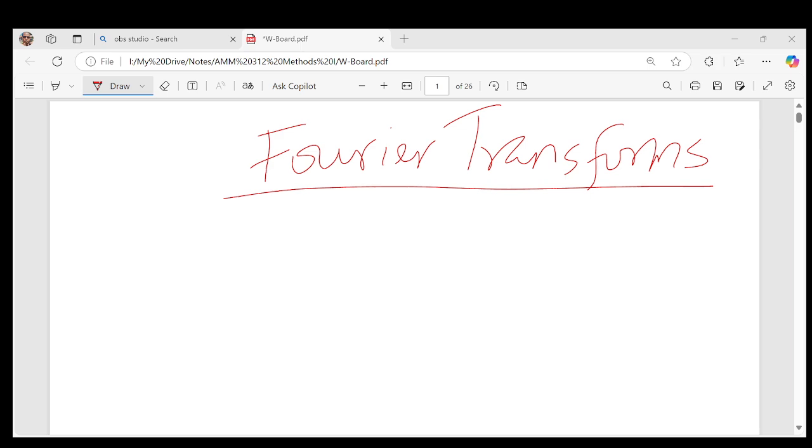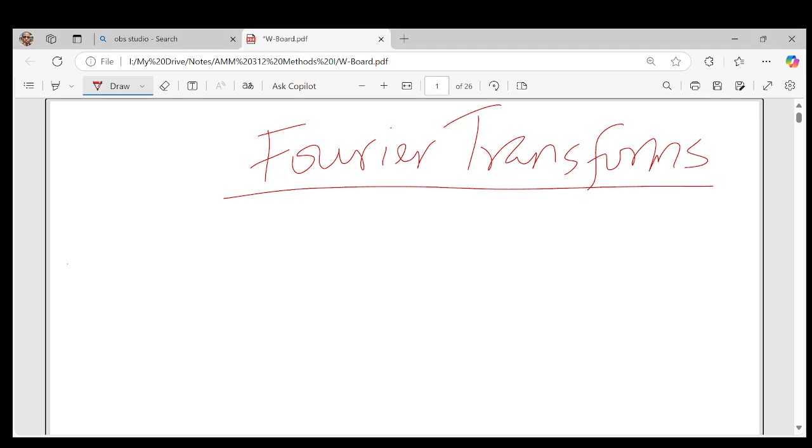Now, these reconstructions will then allow doctors to detect and diagnose conditions such as tumors, fractures, or abnormalities with very high precision. So we want to look at exactly what this mathematical function is and how we can compute the Fourier transform for some given function.